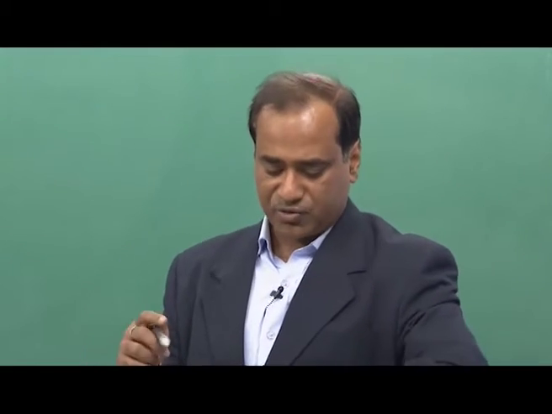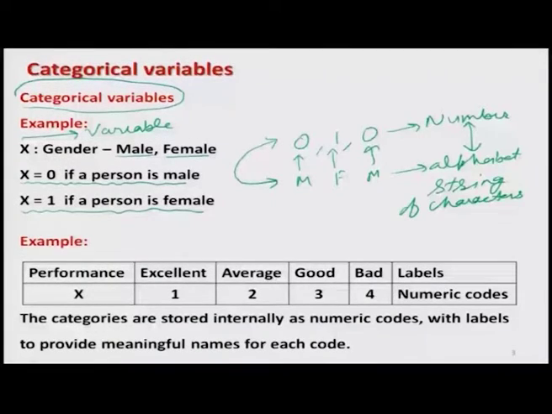Similarly, let me take another example where I am trying to classify my variable performance, denoted by x, into 4 categories: excellent by 1, average by 2, good by 3 and bad by 4.